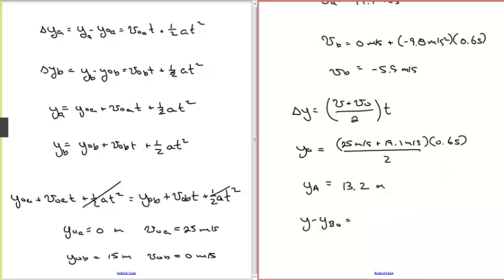V0 is 0. So we'd have V, which is negative 5.9 meters per second, plus V0, which is 0, divided by 2 times 0.6. So you get negative 5.9 times 0.6 divided by 2, which is negative 1.8 meters.